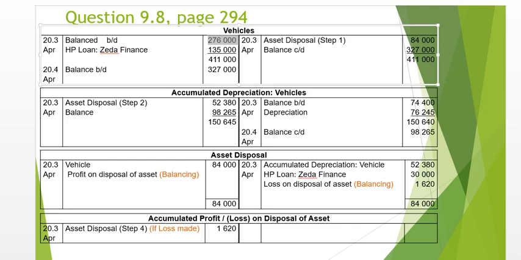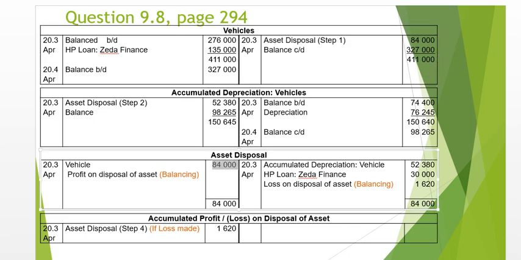So on the 1st of April 2003, we're going to credit 84,000 Rand, and that relates to our asset disposal. Our asset disposal account we're going to create, and on the 1st of April 2003 we will debit 84,000 Rand, and that's coming from our vehicles account.